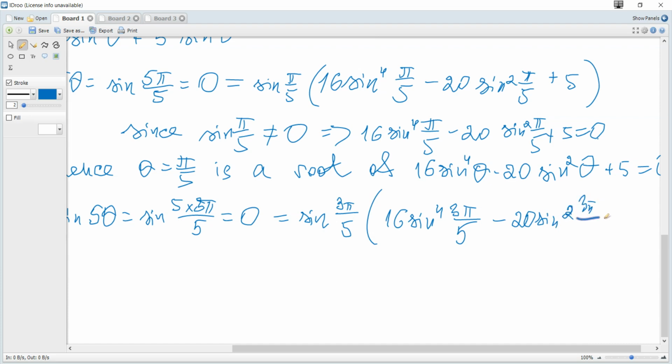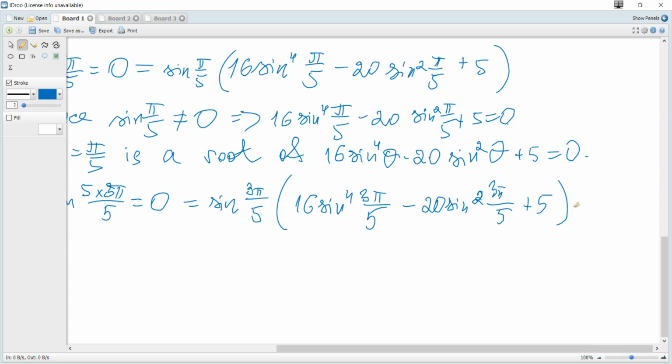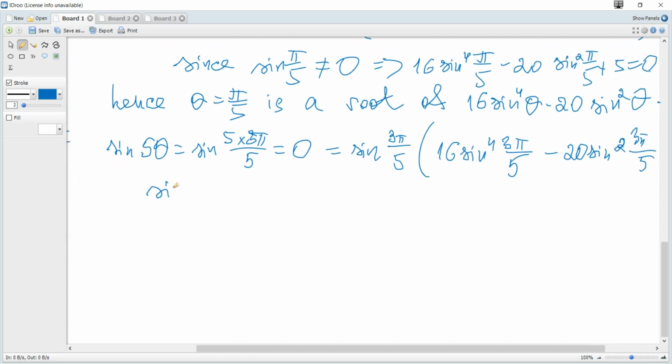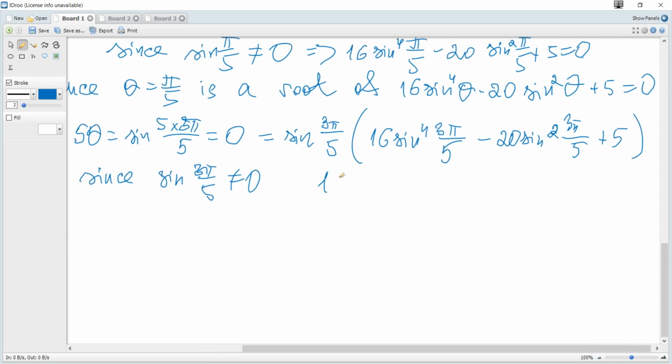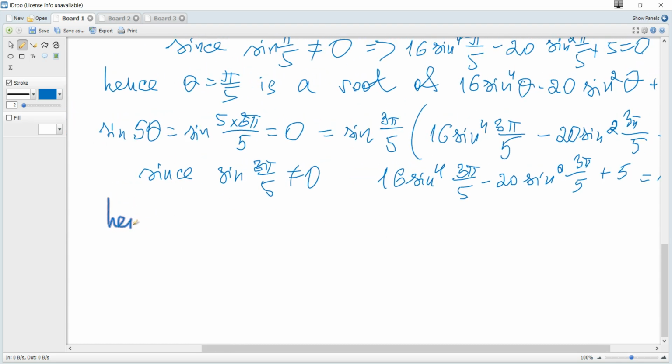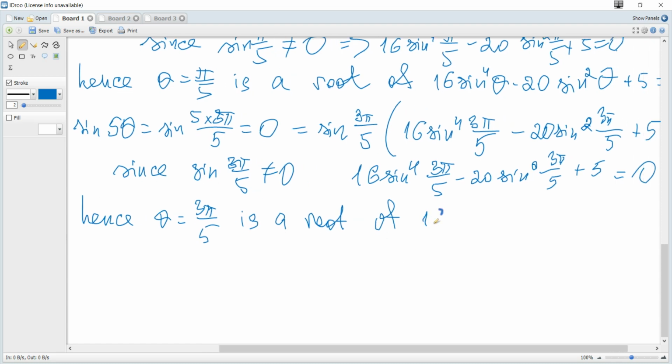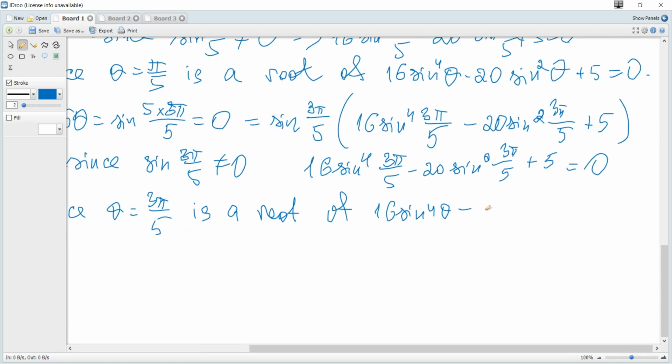and again the product is equal to 0, and since sine of 3 pi over 5 is not 0, hence 16 sine to the power of 4 of 3 pi over 5 minus 20 sine squared plus 5 is equal to 0, and it implies that, hence, theta is 3 pi over 5 is also a root of 16 sine to the power of 4 minus 20 sine squared of theta plus 5 is 0.